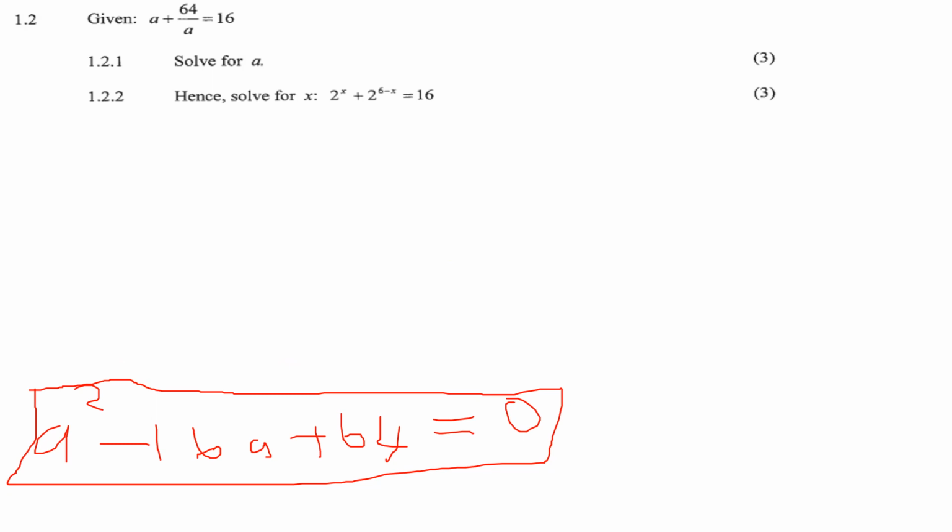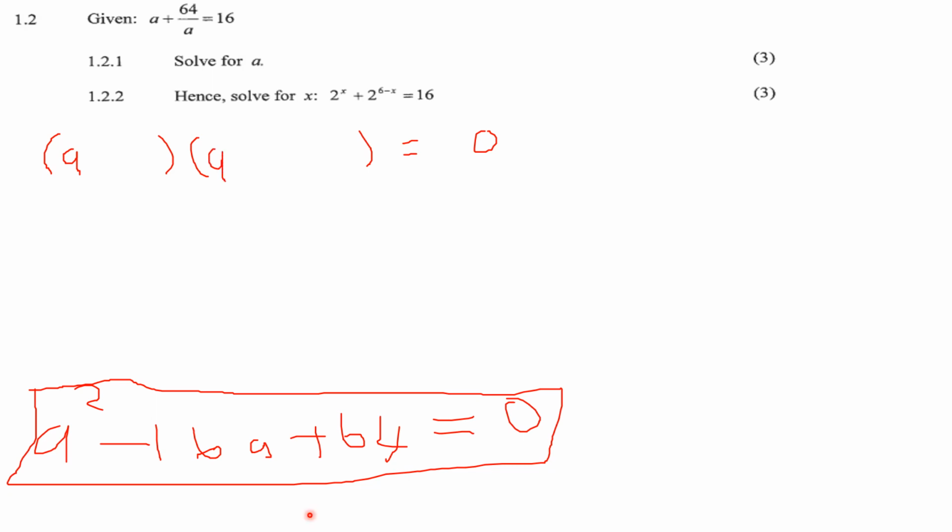Now if you know how to factorize, you will just open two brackets, equals 0. Because the coefficient of a squared is actually 1 here, we can write a in this side and a in this side.